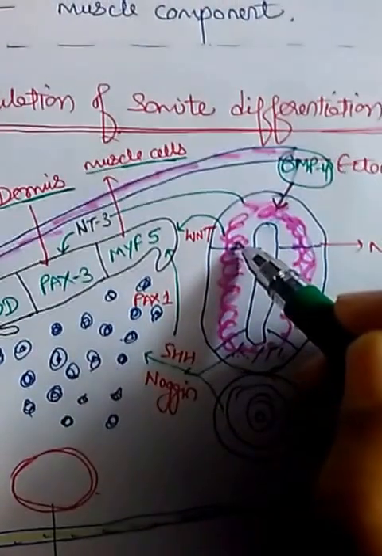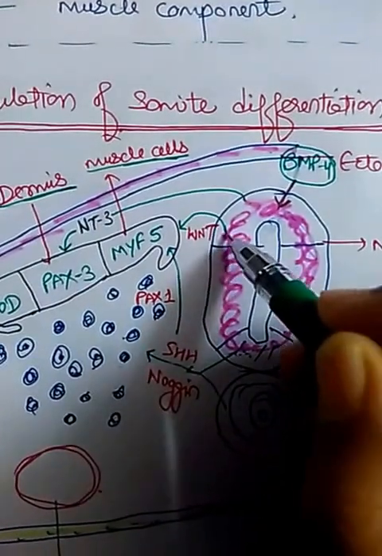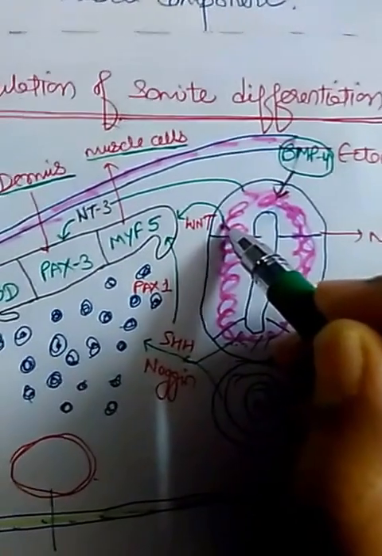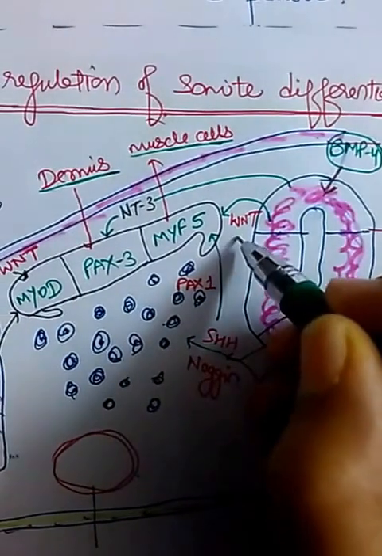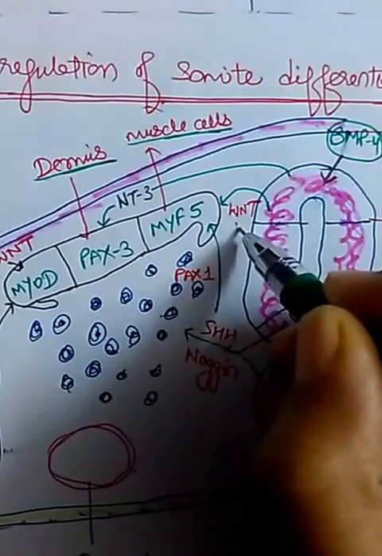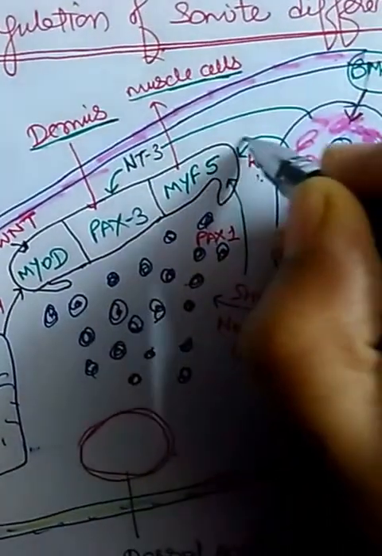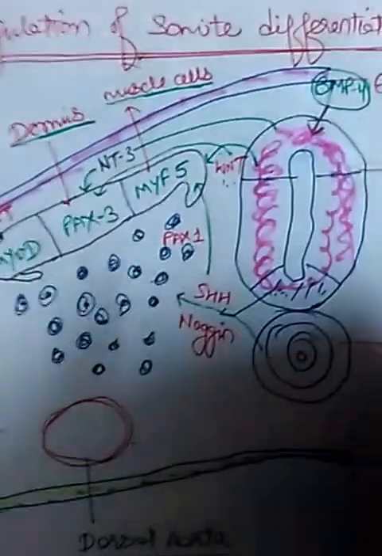Also you can see in the upper part of the dorsal neural tube, there is WNT protein. Sorry, 1 minute. WNT protein upregulates PAX3.